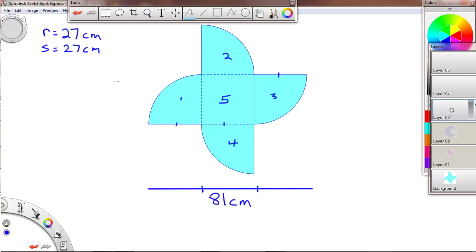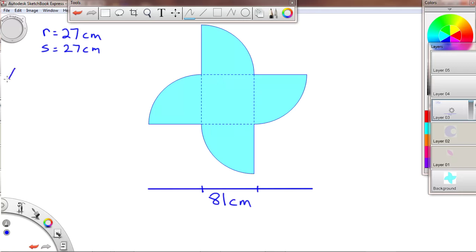We need to find what? The area and perimeter of this shape. Okay, I'm going to go ahead and delete all these little marks I made for myself. So what I need to do here is find the area of the 4 quarter circles and the area of the square and add them all together. Well, guess what? The area of 4 quarter circles is just the area of a full circle.